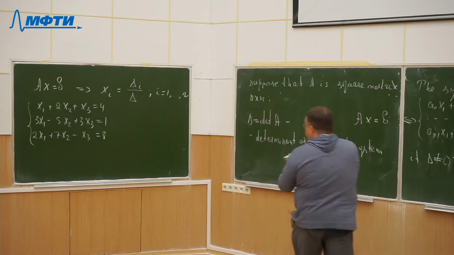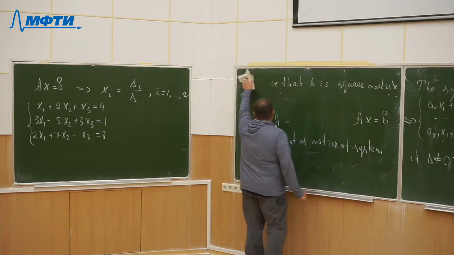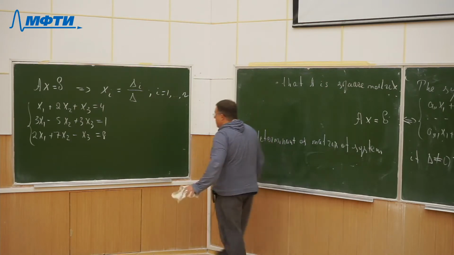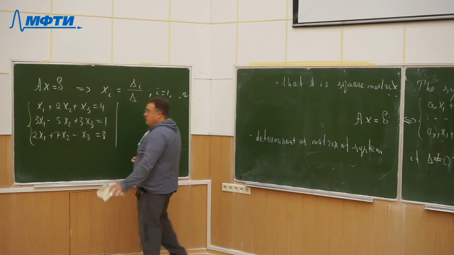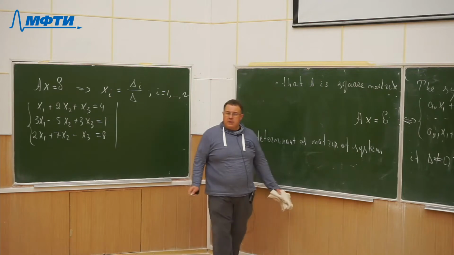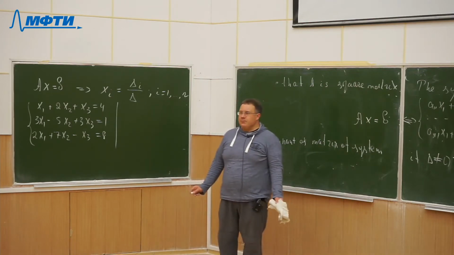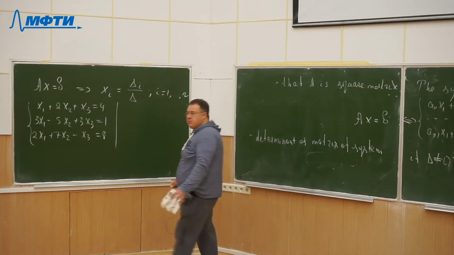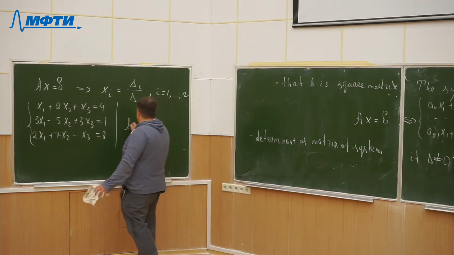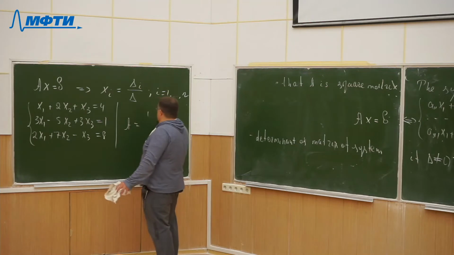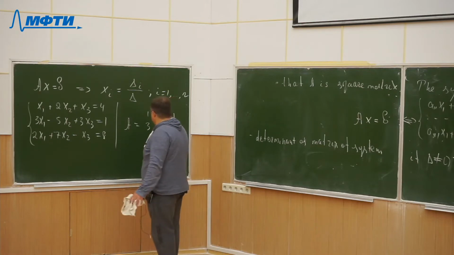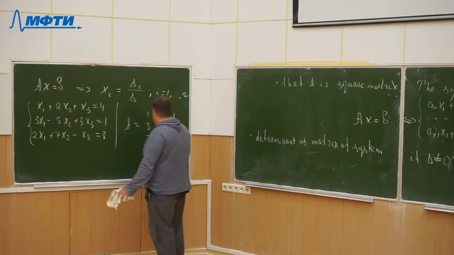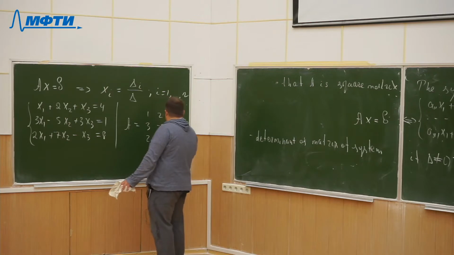Let's try to write the matrix of the system. I hope somebody from the room can help me. For instance, you. Yes, matrix of the system: 1, 2, 1; 3, minus 5, 3; 2, 7, minus 1.